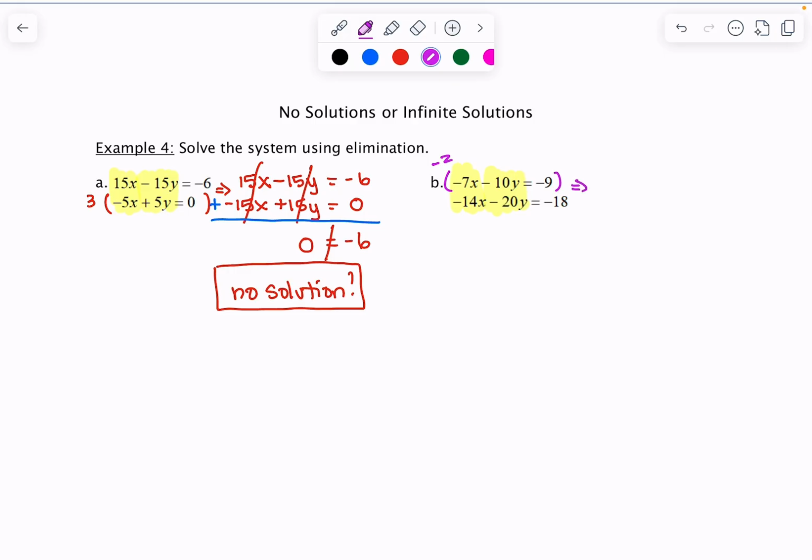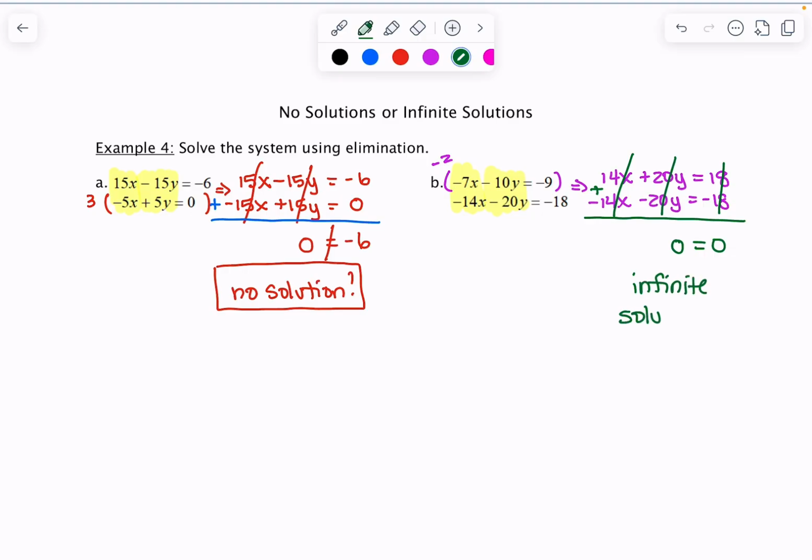So on the top, I'm going to get positive 14x plus 20y equals 18. On the bottom stays the same, so negative 14x minus 20y equals negative 18. And when I add these together, this cancels, and this cancels, I get 0 equals 0. Are those the exact same number? Yes, so this is infinite solutions.